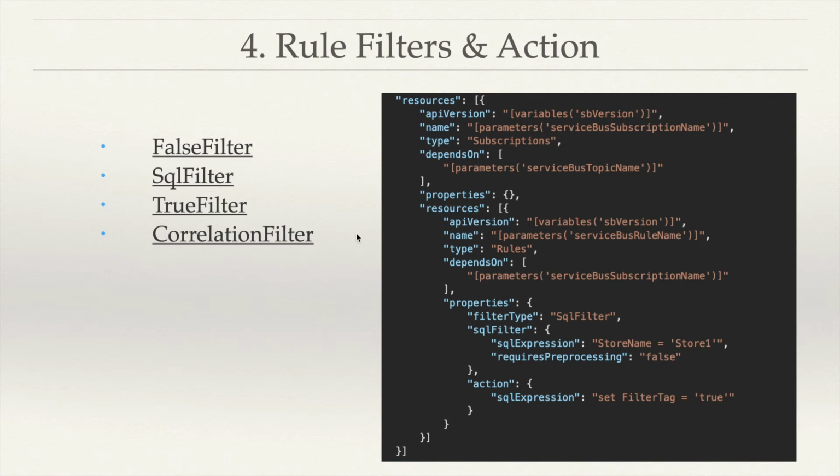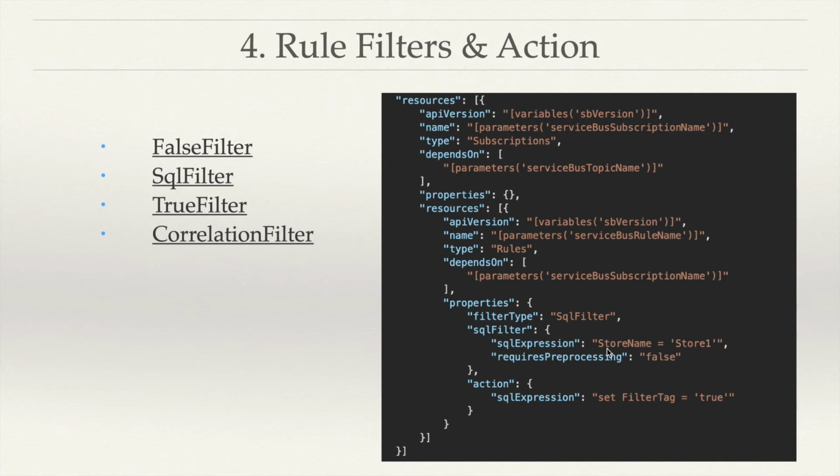If you look at the screenshot of the ARM template, here we are saying that on the resource, which is on a particular topic, we create a rule on the subscription within the topic, with the name of the subscription, and the filter type is SQL.